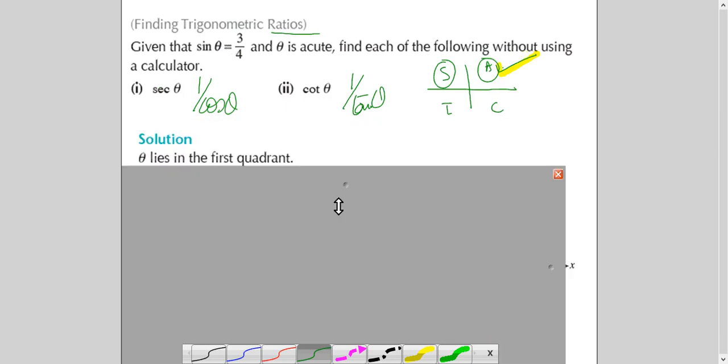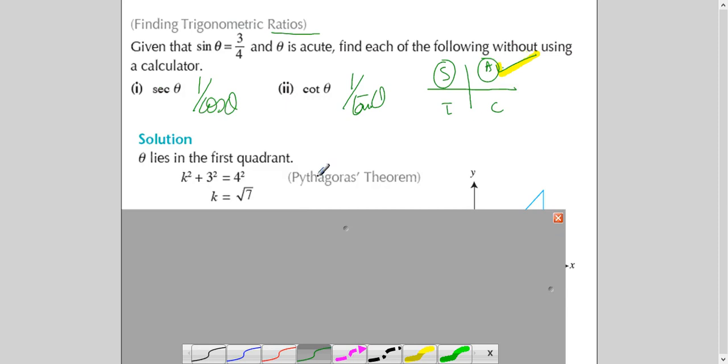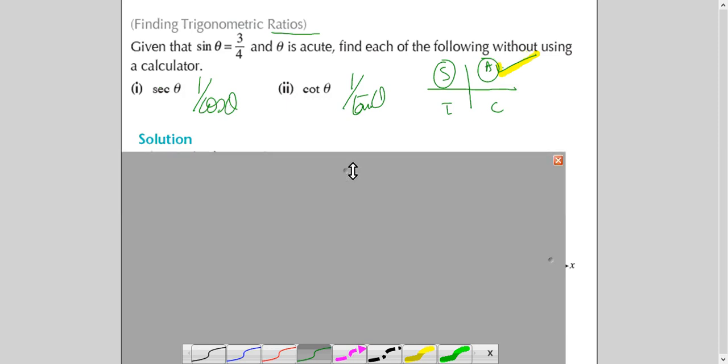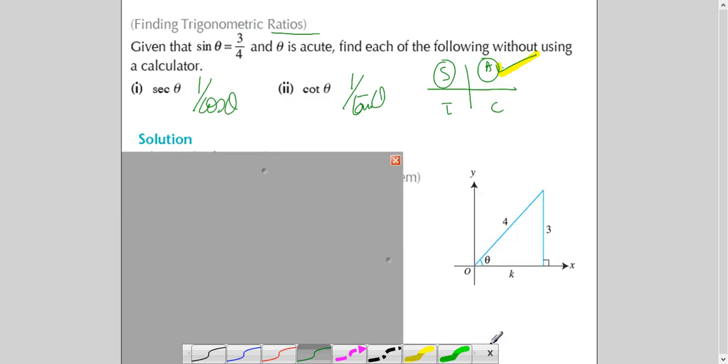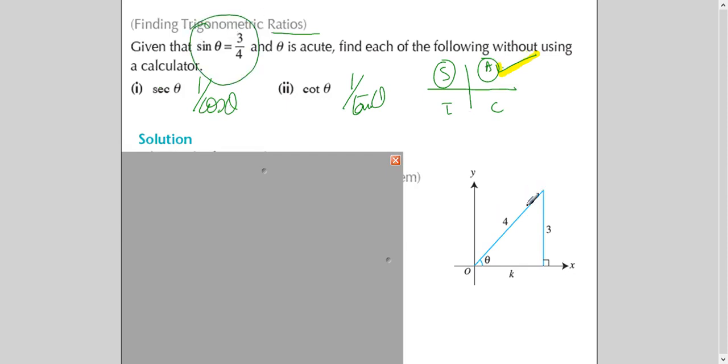So let's see here. The way they have done it, I just do it a little differently. This is the first quadrant. With the help of this, we have completed this triangle. And we know that sine is opposite over hypotenuse. So we have written for this angle opposite over hypotenuse.